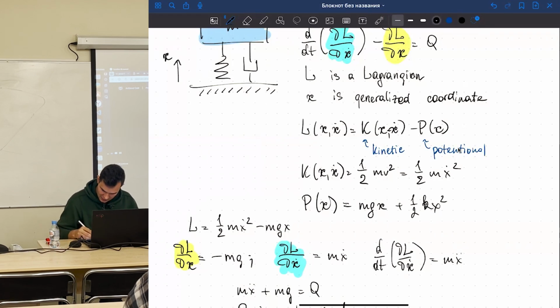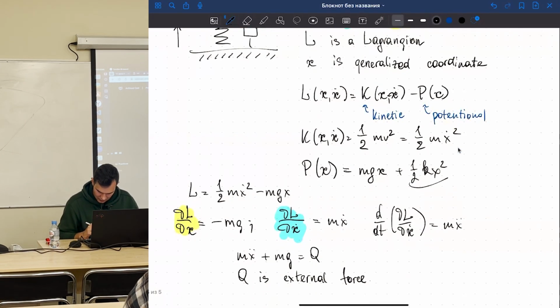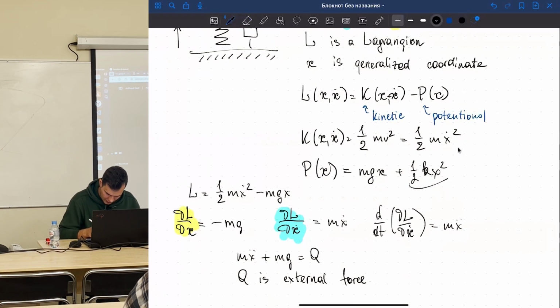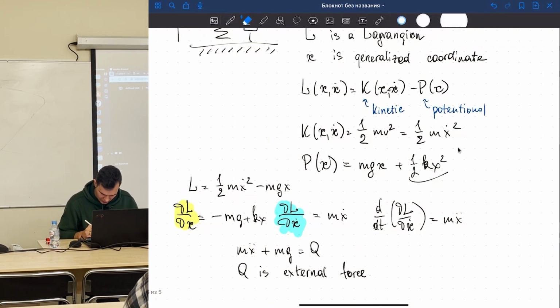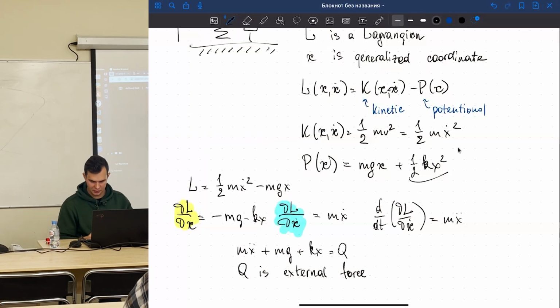So this is the missing part, and let us fix the equations. So it will be here plus k x. So it will be not plus, minus. And plus k x equals Q, right?